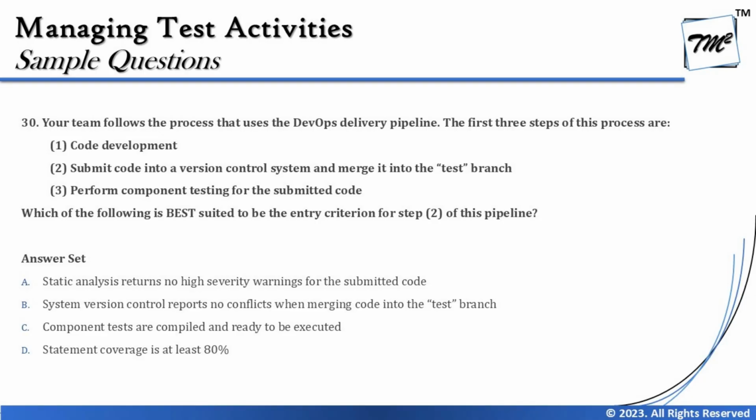So that's where it matters how exactly we correlate things to our understanding and the expected steps provided in the scenario. And if I look at option D, it says statement coverage is at least 80%. Now, statement coverage of 80% fits as an exit criterion for step 3, because performing component testing will measure the amount of statement coverage achieved, not before that.